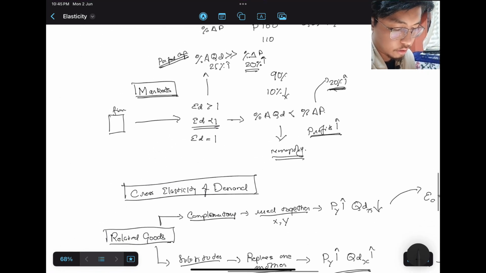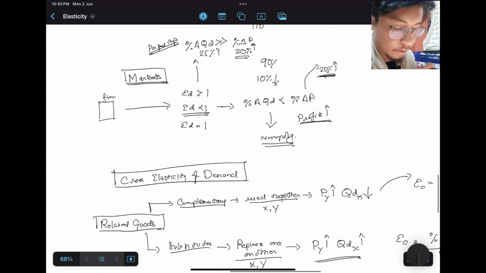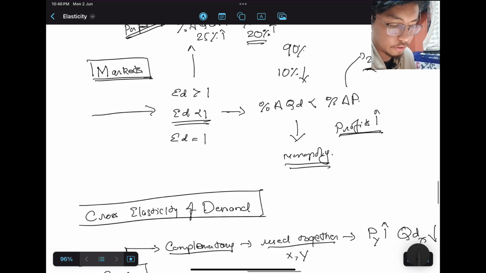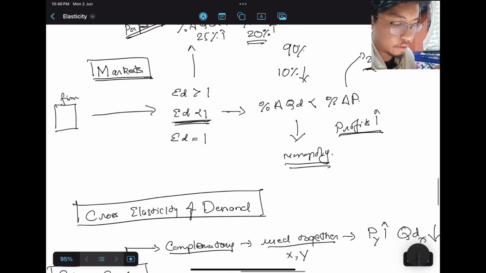Why? Because as a producer, it's going to help in pricing. Okay, my pricing strategy. So if the price elasticity of demand is less than 1, that means my percentage change in quantity demanded is less than my percentage change in prices.